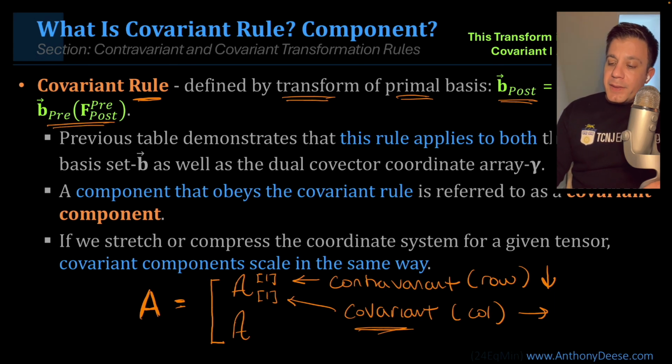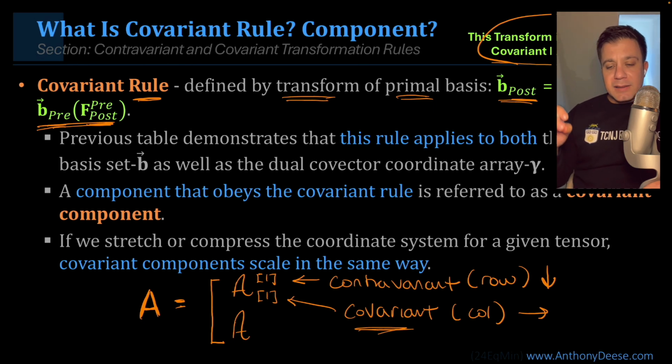We know that the basis set post-transformation is equal to the basis set pre-transformation times some sort of forward transform matrix. This is a fundamental definition of what the covariant rule is. The covariant rule is defined by the primal basis set and how that set transforms.